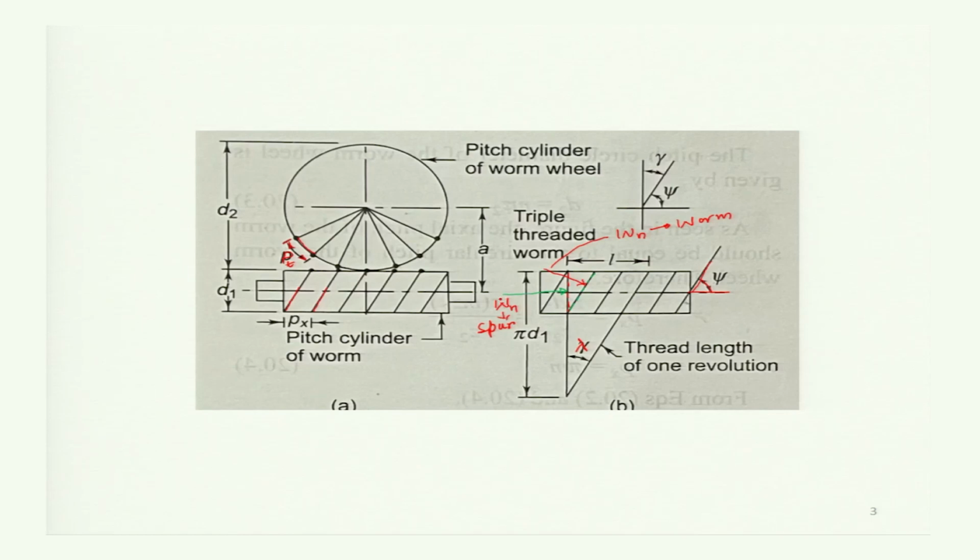So the angle between Wn of the spur and Wn of the worm will be this angle, see, this is the angle which these two will make with each other.